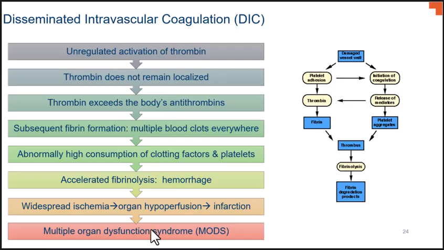It can lead to organ hypoperfusion, where organs are not being perfused properly with the blood that they need for survival, which can lead to an infarction. And if it's not treated quick enough, then it can lead to multi-organ dysfunction syndrome, so multiple organs being affected by this condition. And the end result can be death.